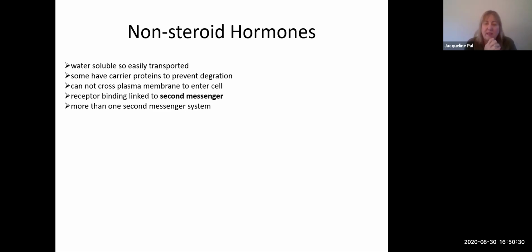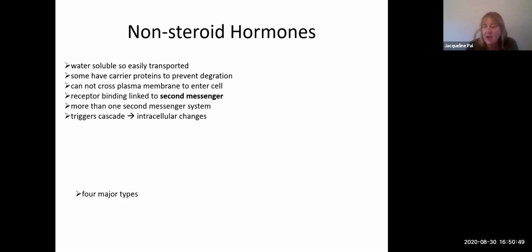There's more than one second messenger system that's involved with hormones. The net result is it binds to its receptor, we have this trigger with different events occurring, and that causes some type of change inside the cell.